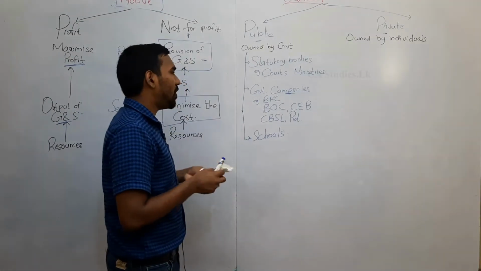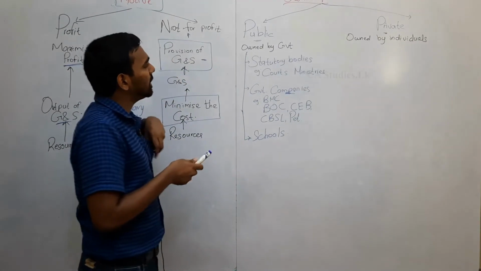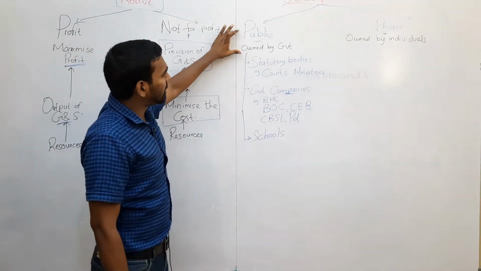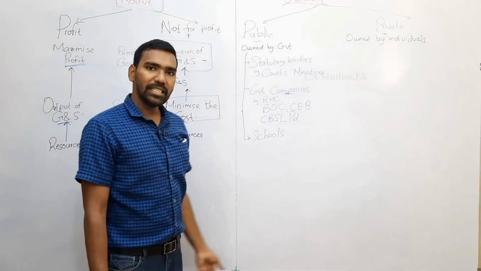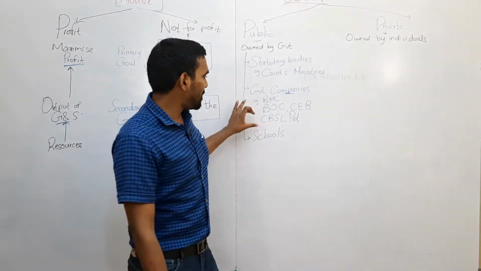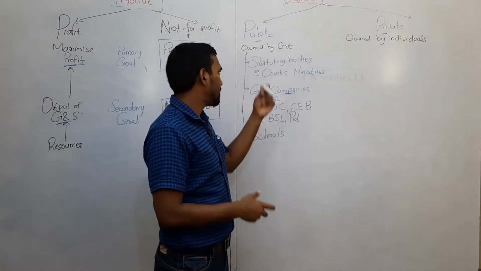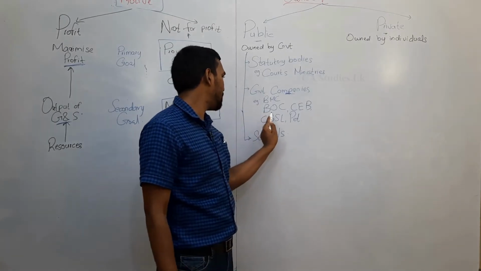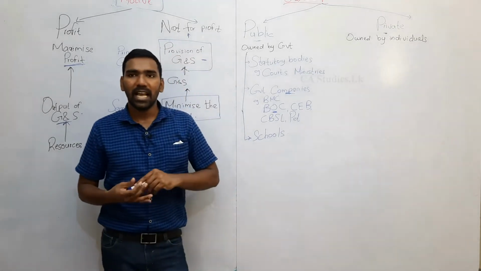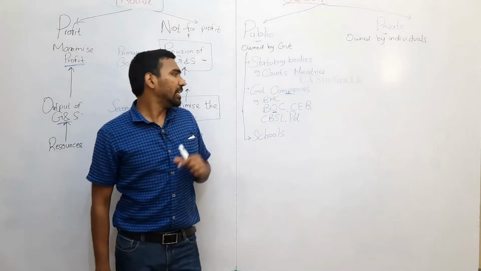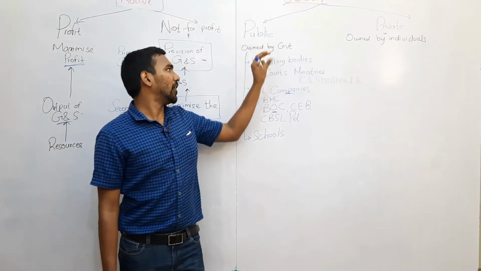And the second type of government or publicly owned organization is government companies. These are in the same business as some private organizations. For example, BOC, Bank of Ceylon, is doing the same operation as other commercial banks. The only difference is that it is owned by the government.